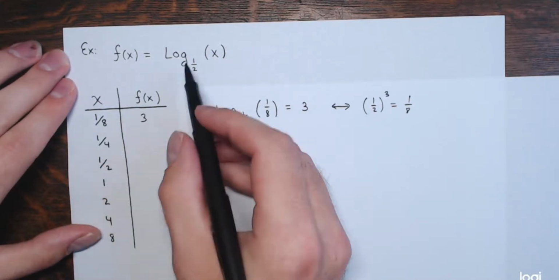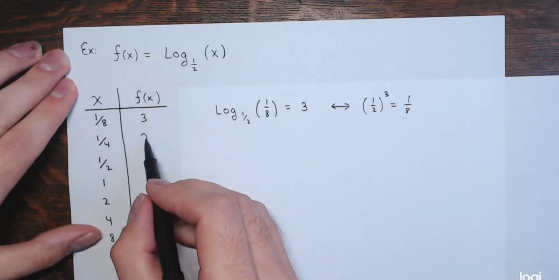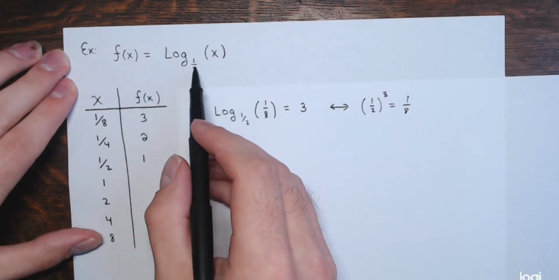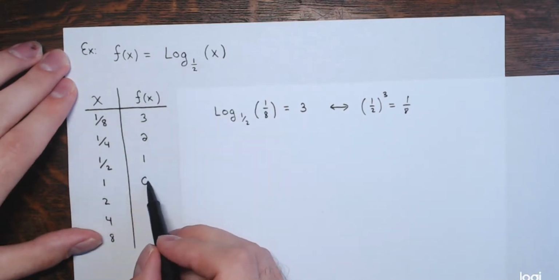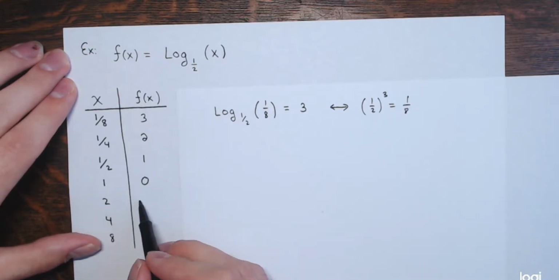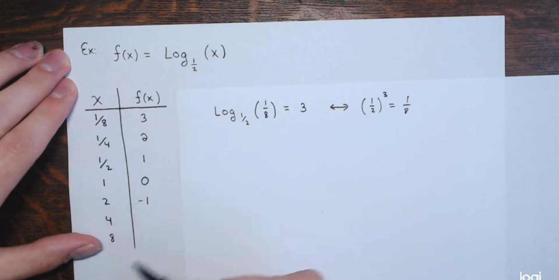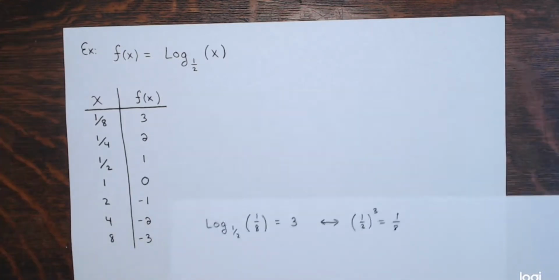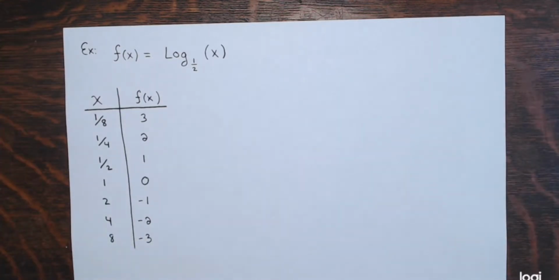The log base 1/2 of a quarter is 2. Log base 1/2 of 1/2 is 1. The log base 1/2 of 1 is 0, right? 1/2 to the 0 power would be 1. Log base 1/2 of 2 would be -1, right? 1/2 to the negative first power would be 2. And then log base 1/2 of 4 is -2. Log base 1/2 of 8 is -3, and so on. Just keep going through more and more powers of 1/2.